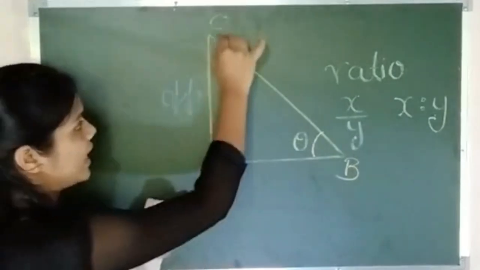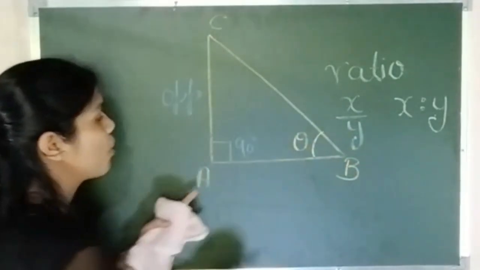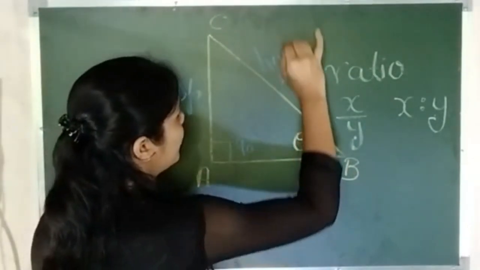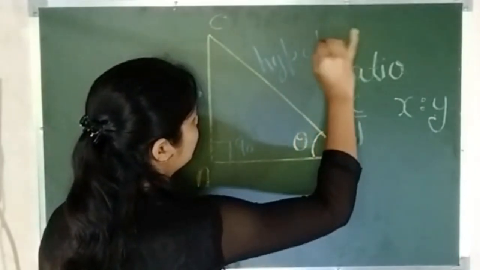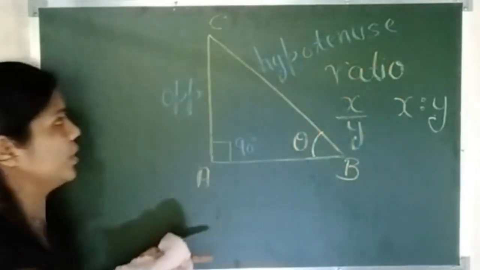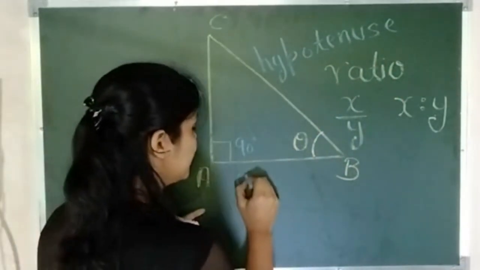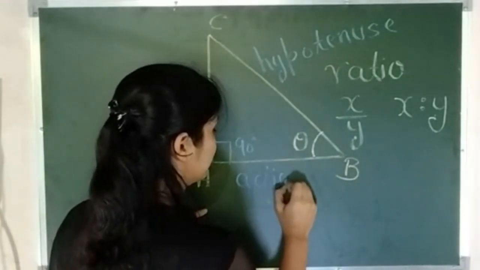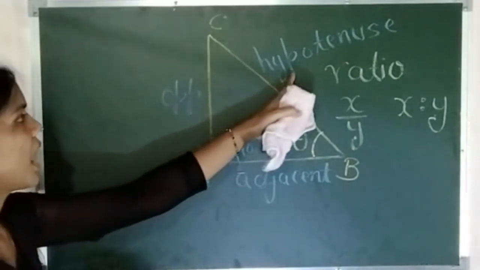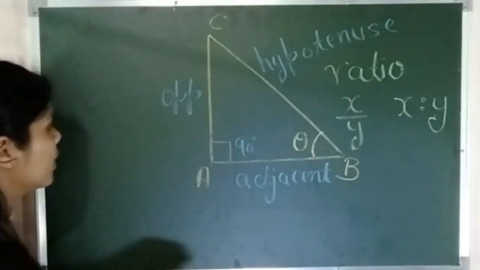Whereas the side which is opposite to 90 degrees is called the hypotenuse. And the remaining side is called the adjacent side.